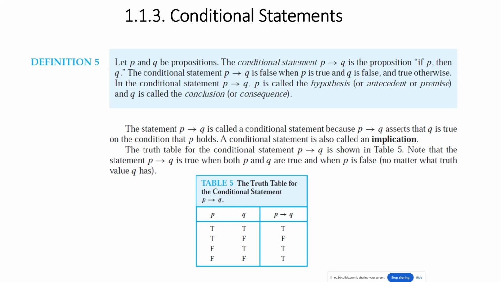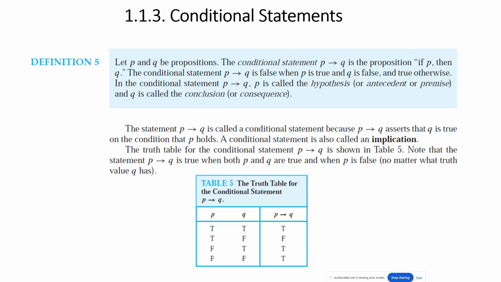Let P and Q be propositions. That means P can be true or false, and Q can also be true or false. That's what it means. The conditional statement P → Q is the proposition that if P, then Q. This is how we read it.